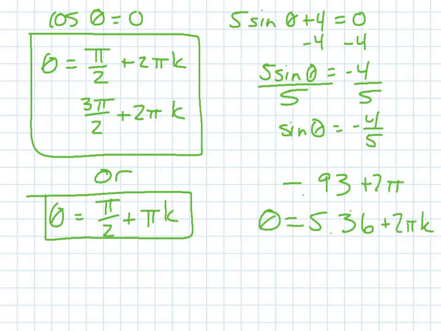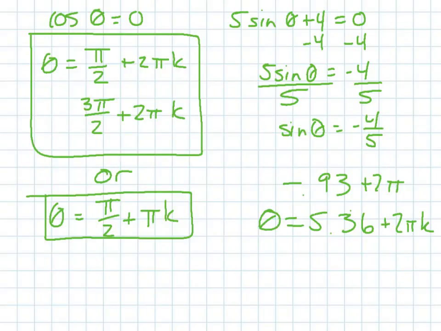Then for the other one, think about where sine is negative again. That's in the third quadrant, and you just got the fourth. So let's find the reference number. 2 pi minus my 5.36 gets me 0.927, or 0.93 like we had before.